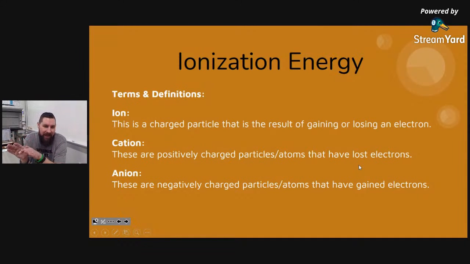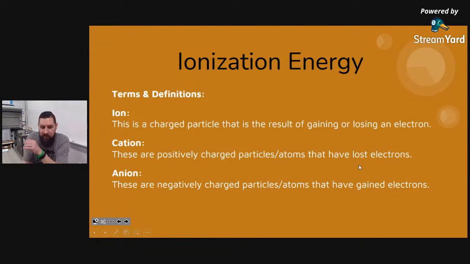Then you have anions. And these are negatively charged particles or atoms because you've gained electrons. These are typically going to be your nonmetals: nitrogen, oxygen, fluorine, chlorine, bromine, things of that nature. And again, the numerical value of that charge tells you how many electrons were gained.